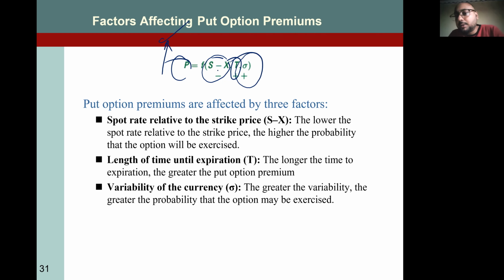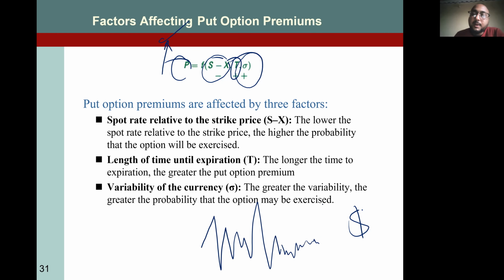Higher the volatility. There is no stability in the market price of the dollar. If this is a put on the dollar, the market price can go up, can go down, can go up, can go down, with huge jumps and lows, because there is no certainty whether the price will go up or down. So in this case, the premium will be higher.